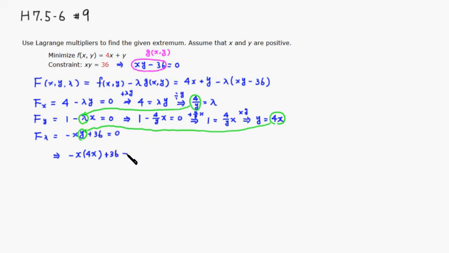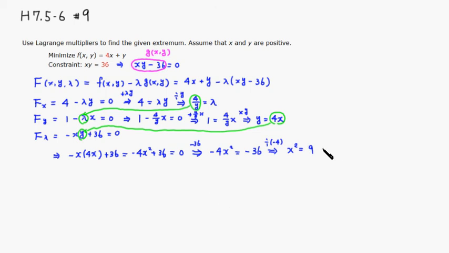Simplifying first, it's negative 4x squared plus 36 equals 0. Subtract 36 from both sides, so negative 4x squared is equal to negative 36. Then divide through by negative 4, so x squared is equal to 9.